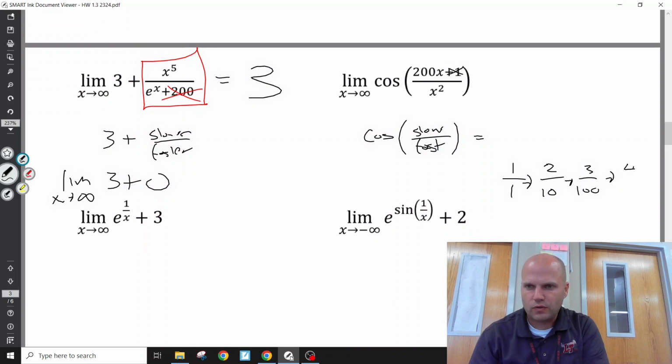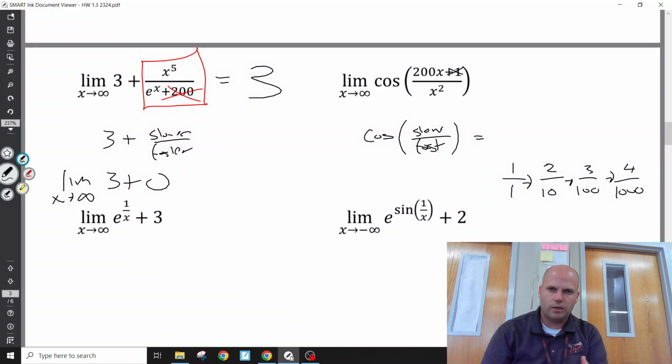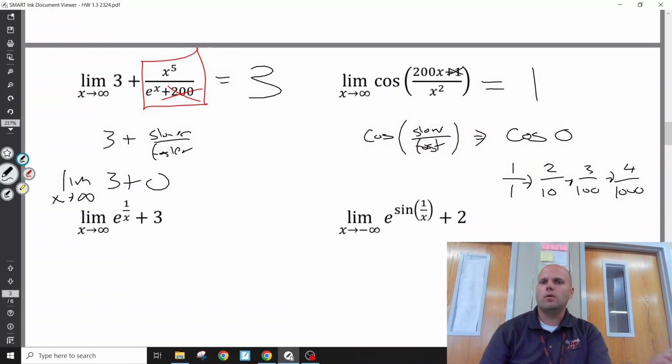Slower in the numerator, faster in the denominator. The fractions are getting smaller and smaller. They're approaching 0. Okay. So this turns into cosine 0. The cosine of 0 is 1. See how it's a fun little puzzle right there? So you work inside the fraction, then you worry about the cosine later.